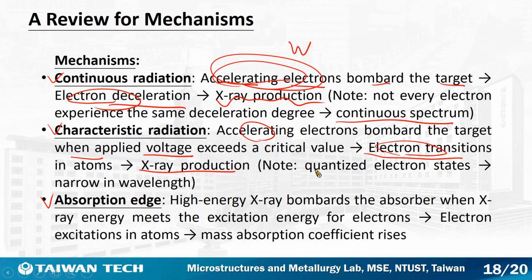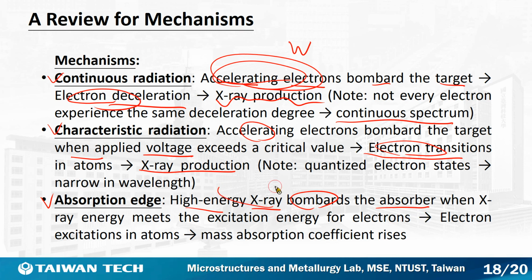Okay, so once we have electron transitions in the target, it will form characteristic X-ray. And for the absorption edge, once we form high energy X-rays, they will go out. If they meet a material, they bombard that material, which we call the absorber.